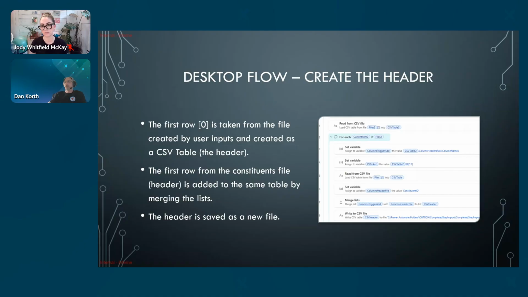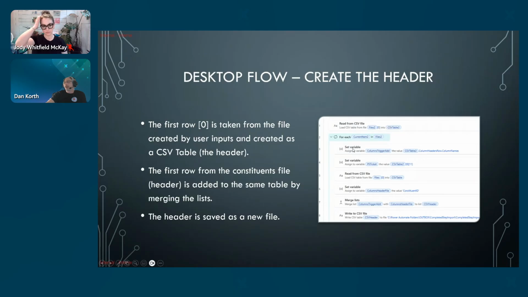So the first row is taken by using an index point. Here on the read from CSV file, you use that on the variable on file 0, so it's the first file in the row, and reads it into CSV2. This is one of the reasons that currently it will only work if I run one file at a time. So again, there's ways to fix this, but it works for now.